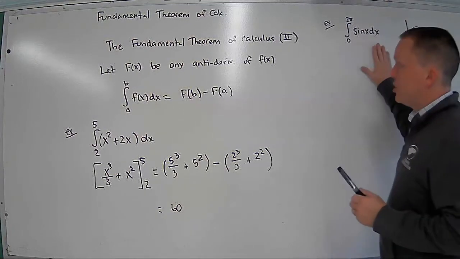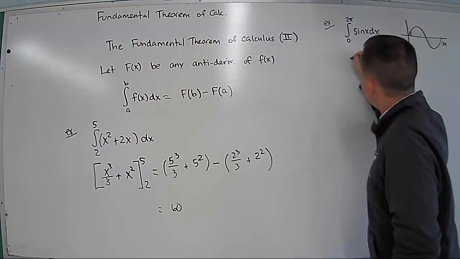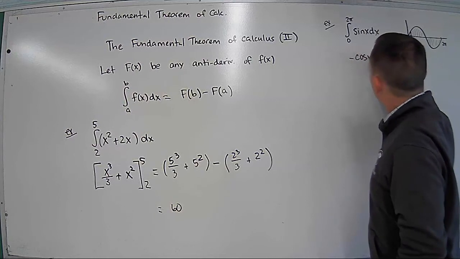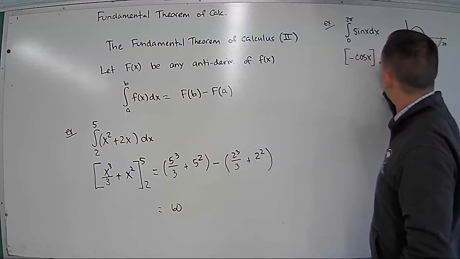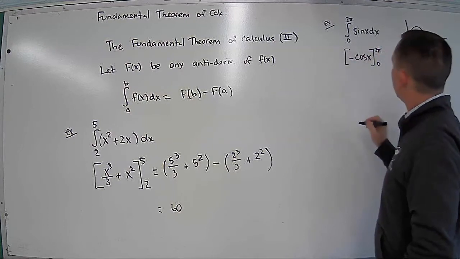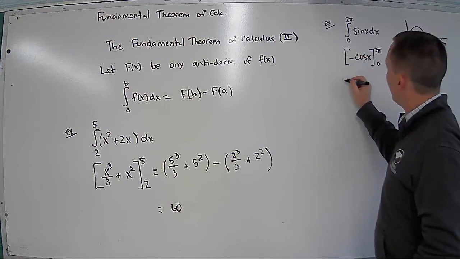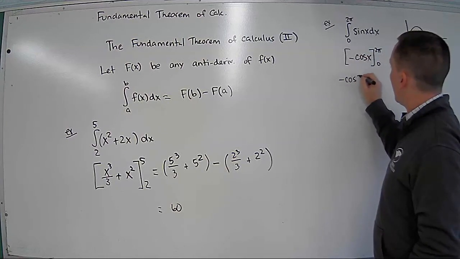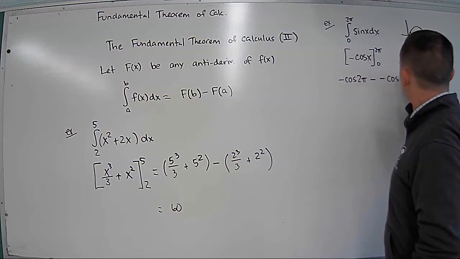So if we're going to do this using our fundamental theorem, we find the antiderivative of sine of x, and we know it's negative cosine of x. And then we're going to evaluate that from 0 to 2 pi. I'm going to just go right underneath here because I don't want to run out of room. So that's going to be negative cosine of 2 pi minus negative cosine of 0.